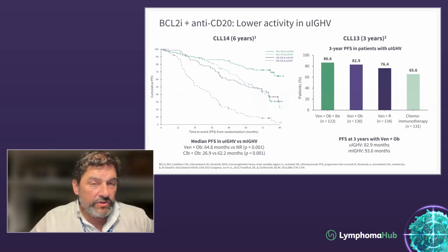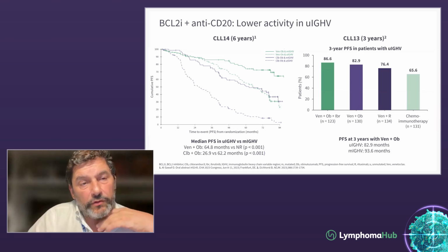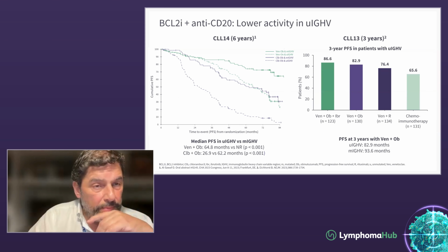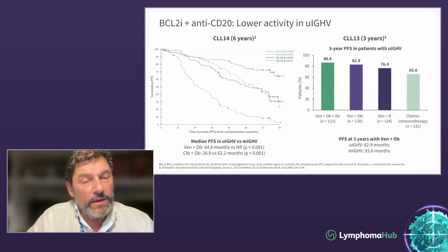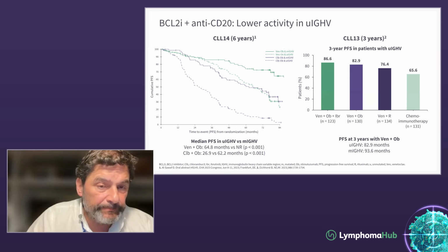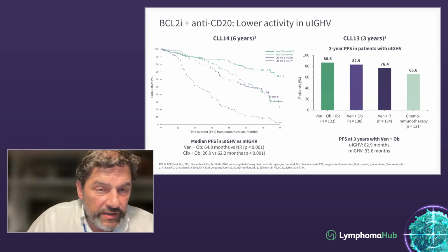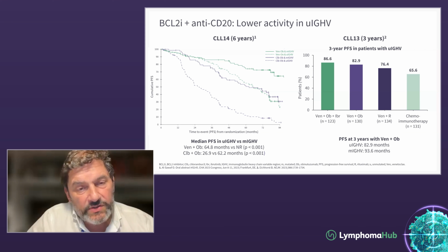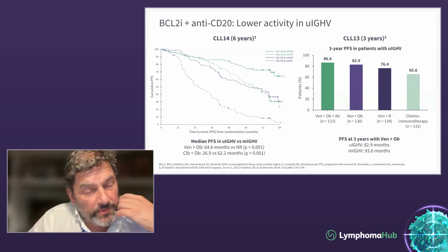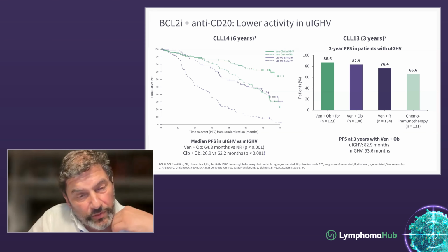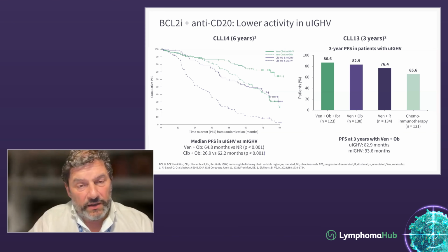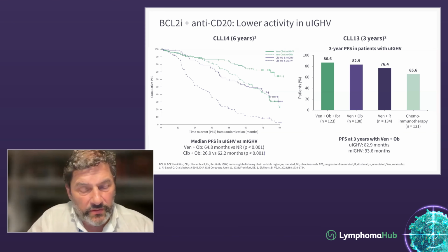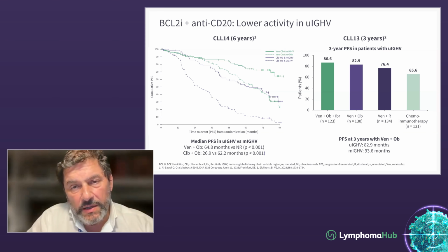The next slide is showing the CLL14, that is venetoclax plus obinutuzumab. And you see here that the results in unmutated IGHV, this is the green dashed line, are not as good as the ones obtained in mutated IGHV. Therefore, the statement is that obinutuzumab venetoclax is not a good approach for these high-risk genetic patients, or patients with high-risk biology.